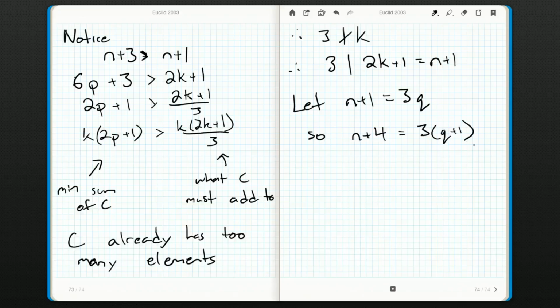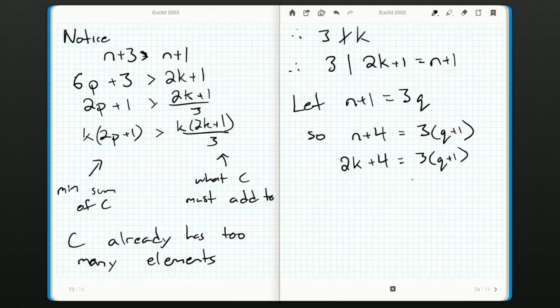Okay, so then we need to know that this is a multiple of 12. It's got to be a multiple of 6. n is even, so we can instead say 2k plus 4 is equal to 3q plus 1.